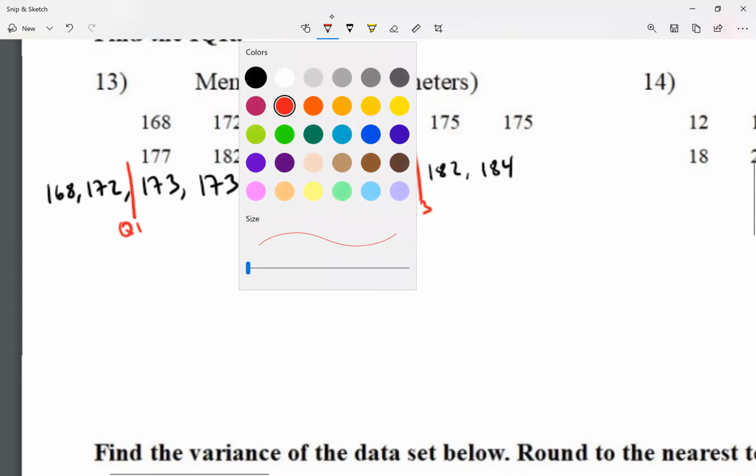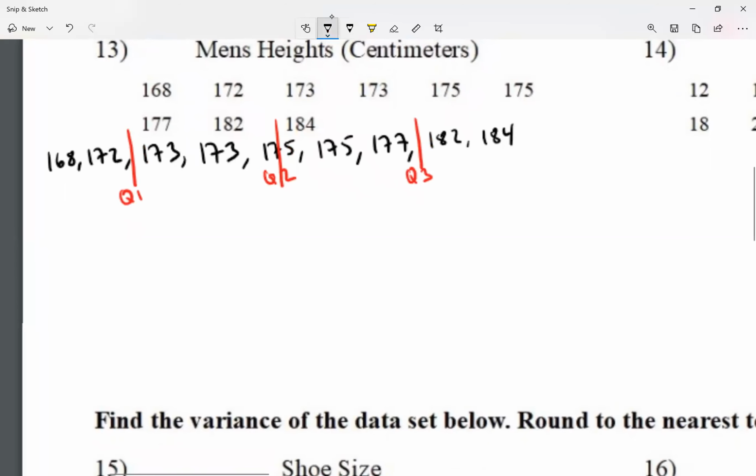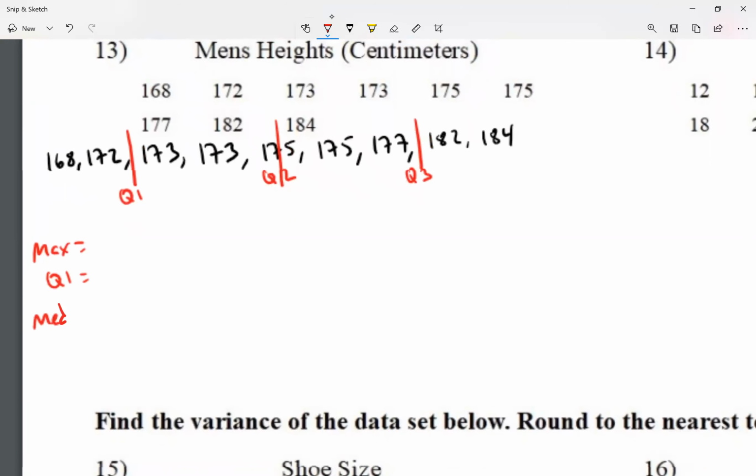Now, let me get my 5-point summary, right? We call this the 5-number summary. Given a list, I can find my maximum, the first quartile, the median, some people call this quarter 2, I can find my third quartile, and I can find my maximum.